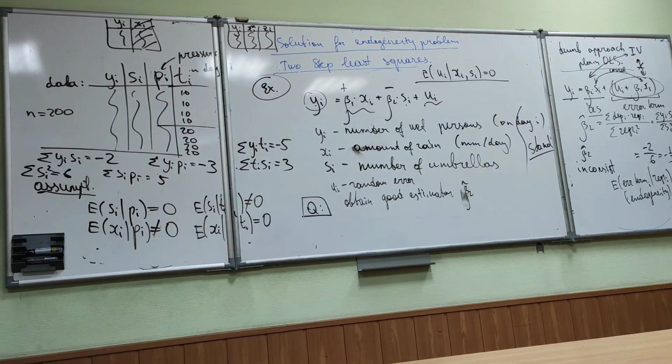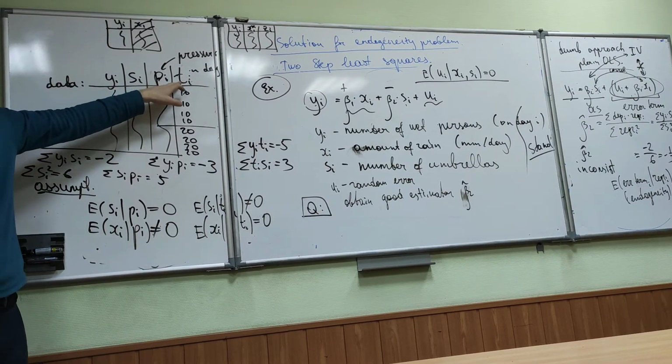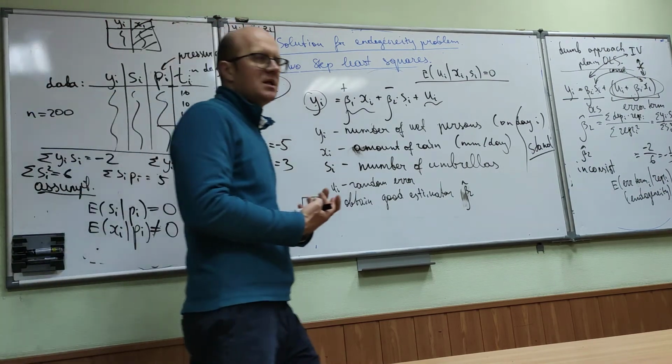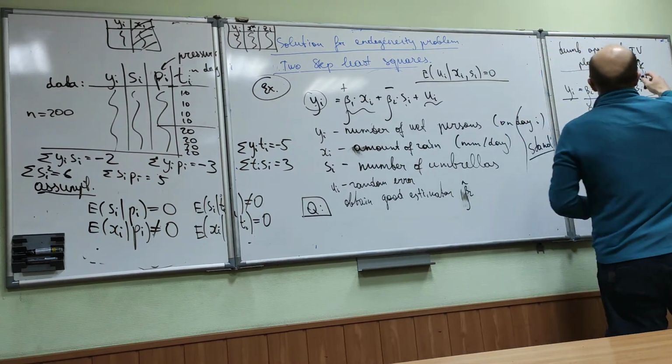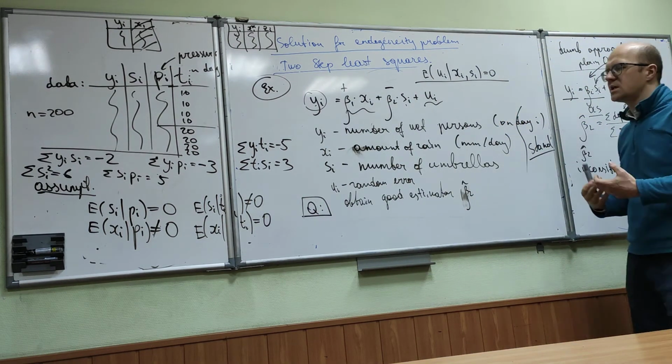And what would be your good estimator? We see that P is a bad instrument. T is a good instrument, because what properties are needed from an instrument? An instrument should be correlated with the regressor, but should not be correlated with the error term.